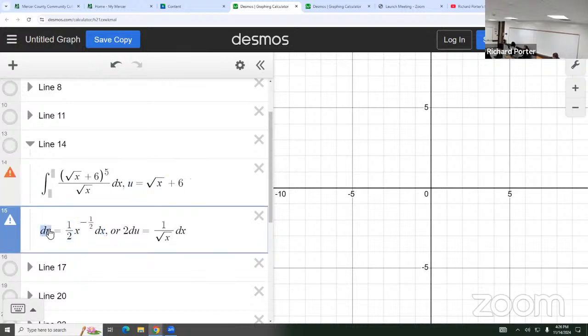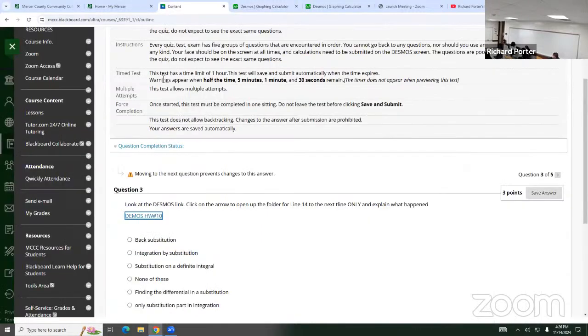And they did the du, which is a differential, just the differential. So they're just doing that before they go back and substitute. They're just doing the differential. So wasn't that one of our choices? Finding the differential in a substitution. Okay. We're good at that.